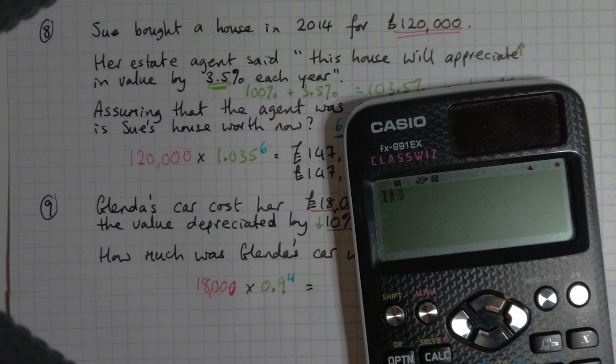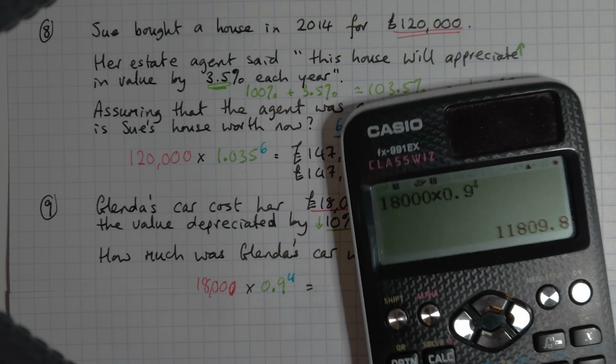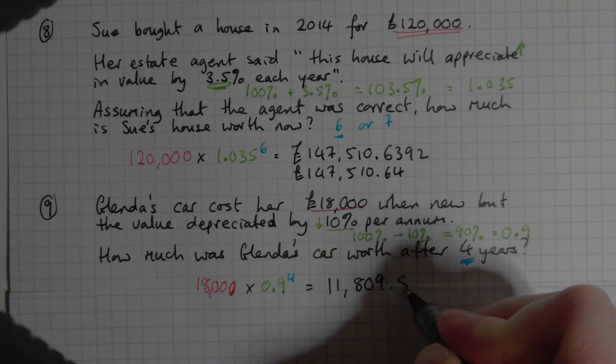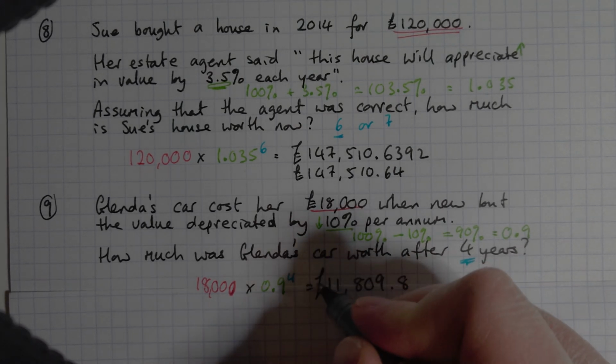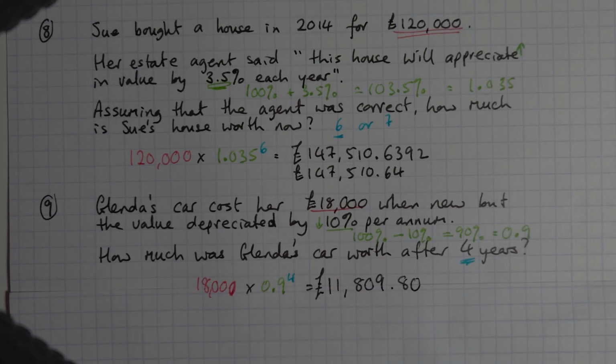We've got 18,000 times by 0.9 to the power 4, and that gives me, if I press SD, 11809.8. Now this is money, so it's £11,809.80, like so.